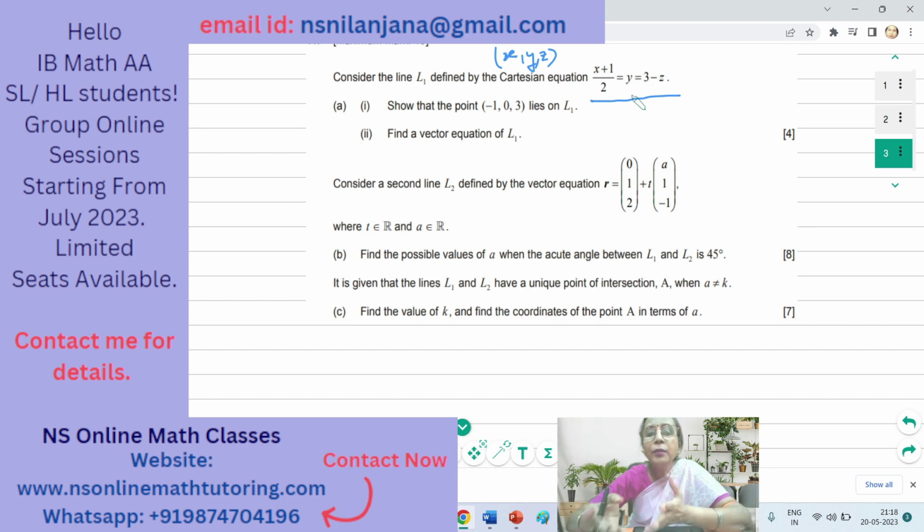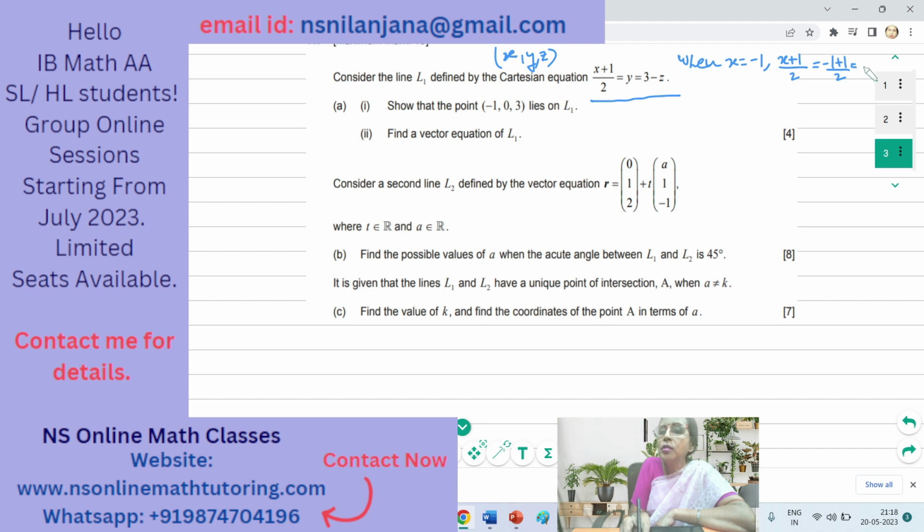Let us see whether we get the same value for x plus 1 over 2 and y and 3 minus z on substituting these numbers. So what is the value of x plus 1 over 2 when x equal to -1? x plus 1 over 2 is equal to -1 plus 1 over 2. -1 plus 1 is 0.